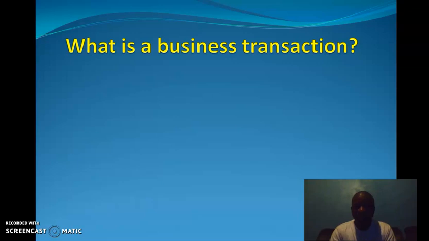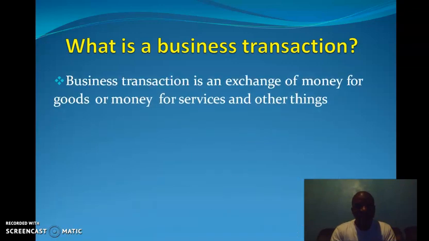Well, in case you have forgotten what business transaction means, I have a definition for you. So business transaction is simply an exchange of money for goods or money for services and other things.